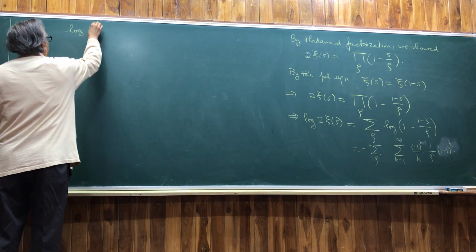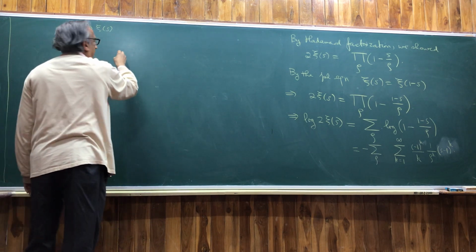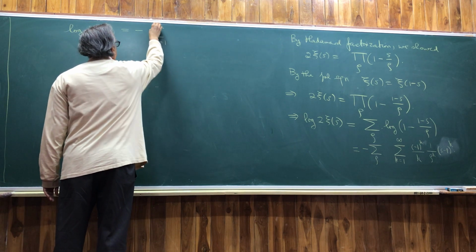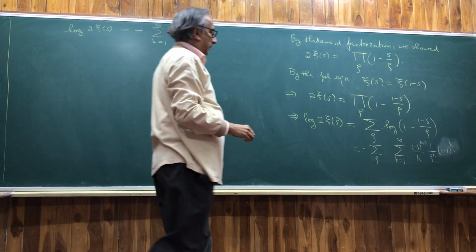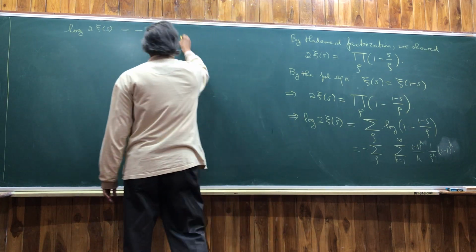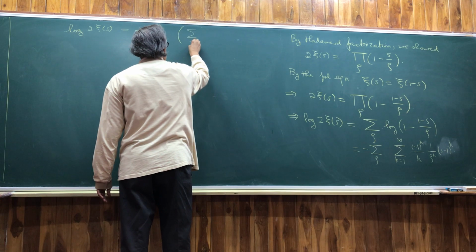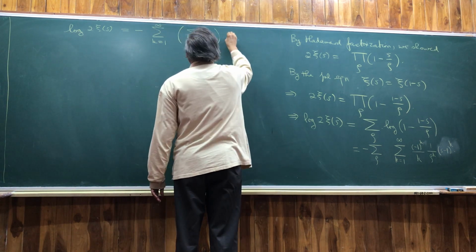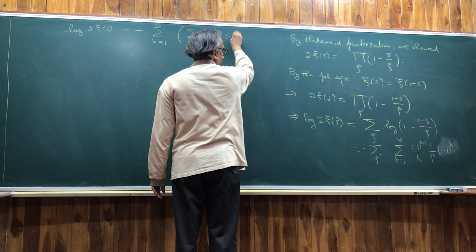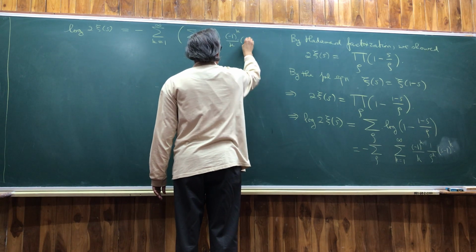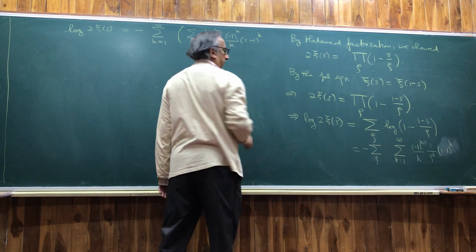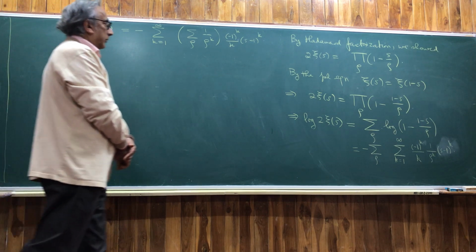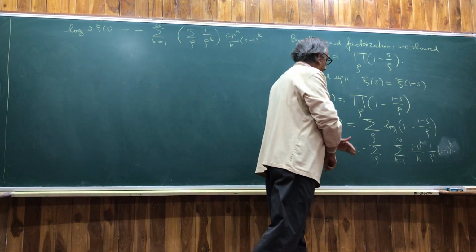Log 2 c of s then equals minus the summation k goes from 1 to infinity of the summation over rho of 1 over rho to the k, times minus 1 to the k over k, times s minus 1 to the k. This is the Laurent expansion, and these are the numbers, all of the rho to the k's. So we have this.